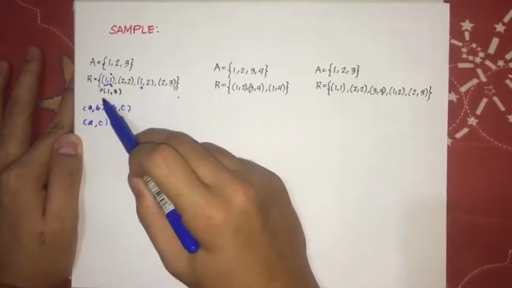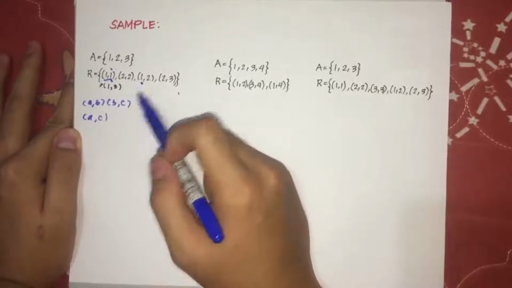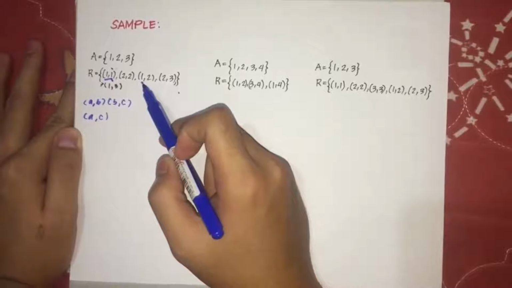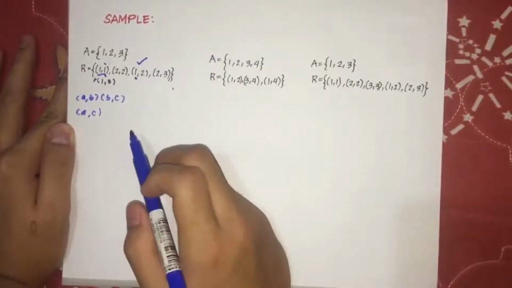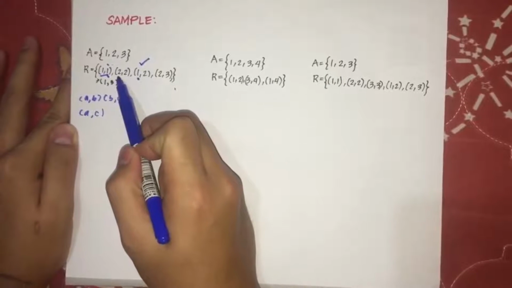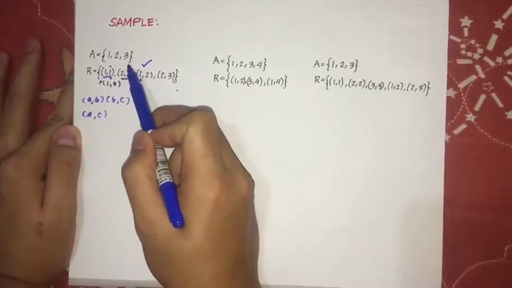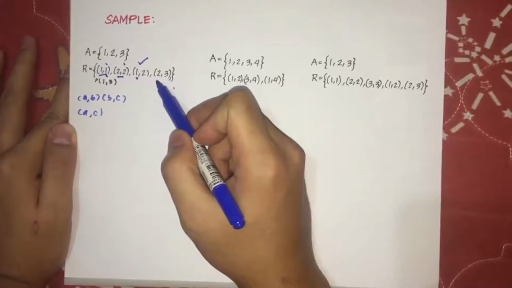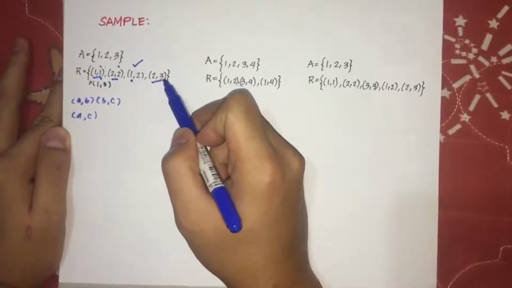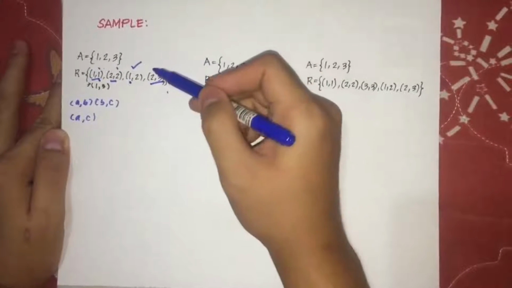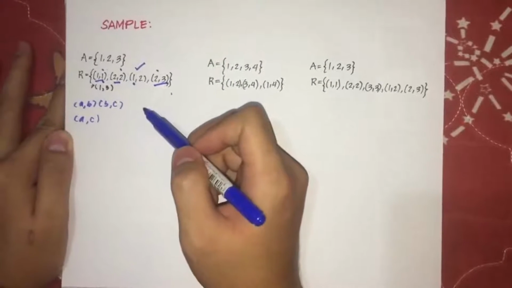Is there any ordered pair in this relation which contains (A, C)? Yes, there is, which is (1, 2), and here it is. So next, move on to the next ordered pair, which is (2, 2). Pick up number 2 and find where it is located as the first element of an ordered pair, which is in (2, 3). So we have another set of (A, B) and (B, C).